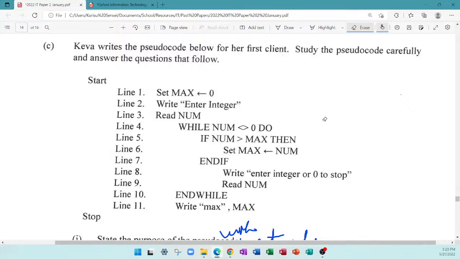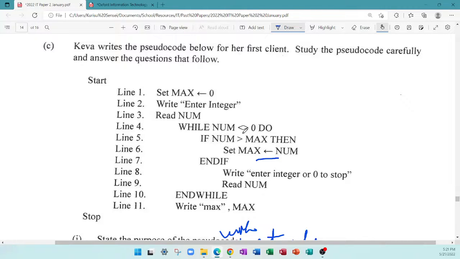So, line 5 and 6. One of those is correct. Wait, no, sir. 4 and 5. 4 and 5. Right. 4 and 5. Because this is basically another, it's not an initializing, just a setting of the value.